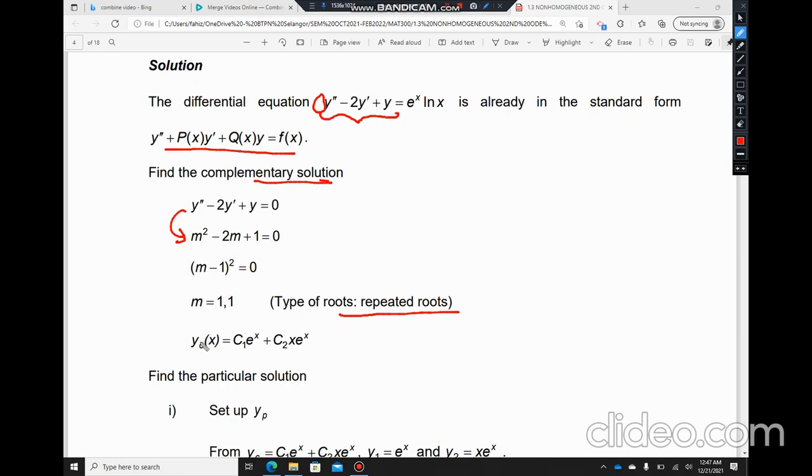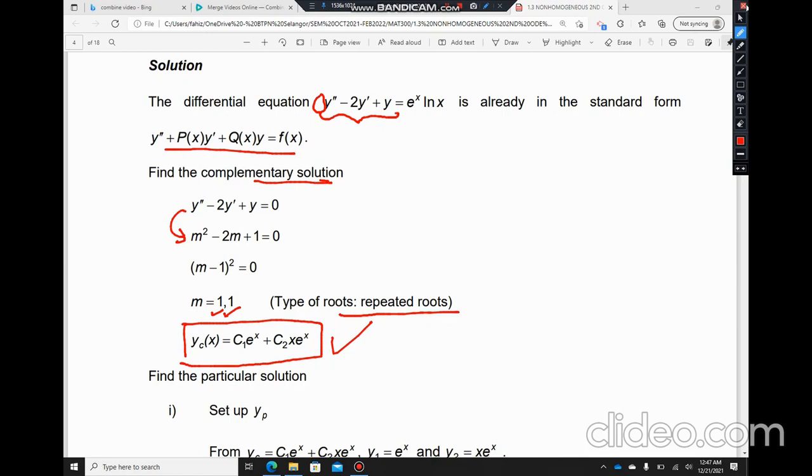So bila repeated roots, kita akan ada YC. Kita tengok balik yang topik homogeneous kan. Bila M1 sama dengan M2, macam mana kita nak tulis solution? So dia akan dapat C1 e^x plus C2 x e^x. So this is the complementary solution for this question. Okay, so kita dah dapat complementary solution.